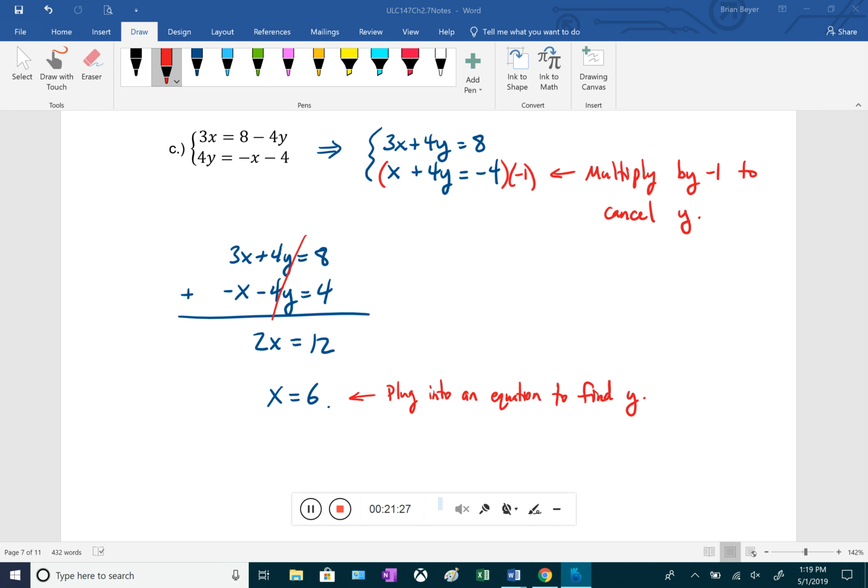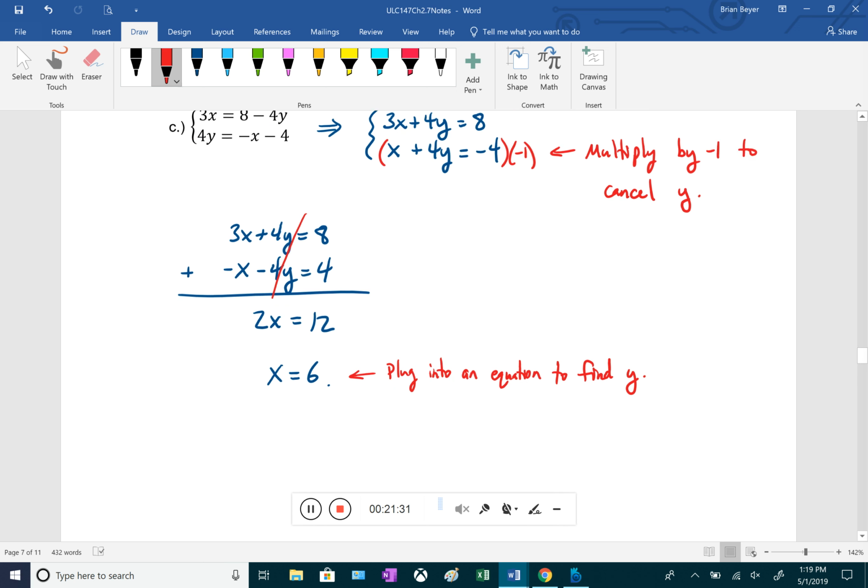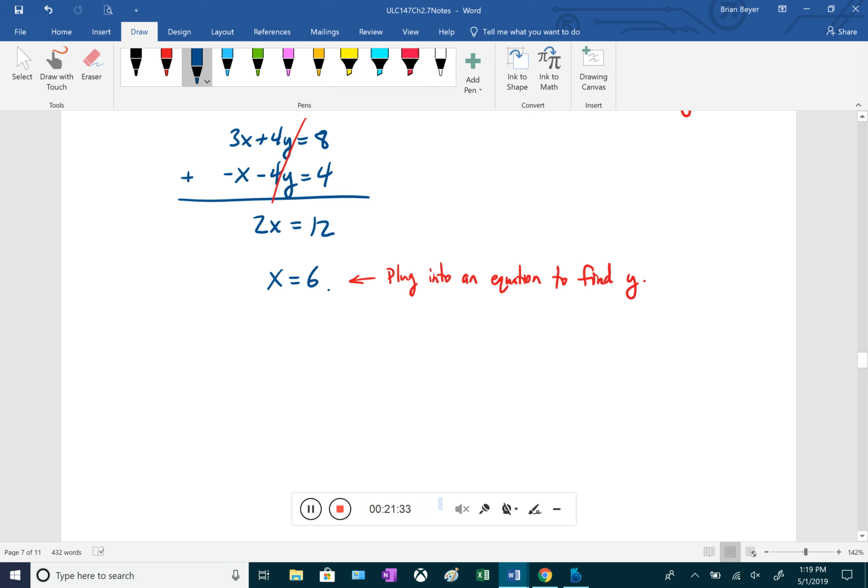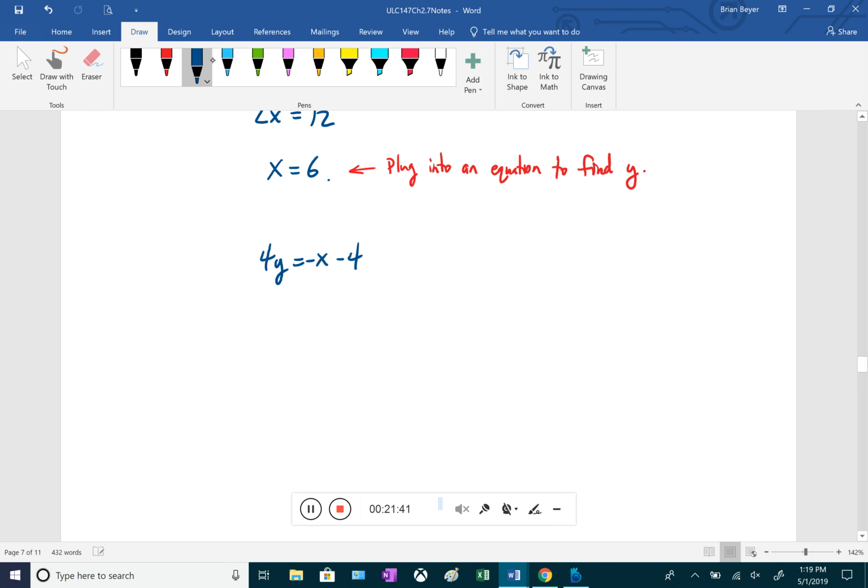And let's plug it into this second equation because y is already almost solved for. So let me write that down. So it's going to be 4y equals negative x minus 4. No matter which one you choose to plug in, it should give you the same answer. So plugging in x equals positive 6 here, it's going to be 4y equals negative 6 minus 4.